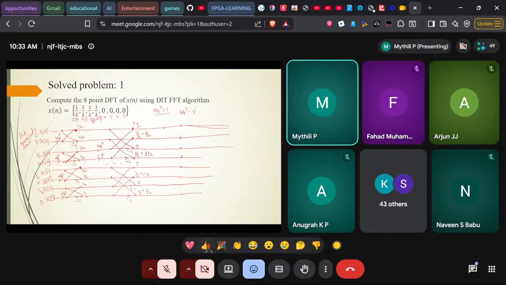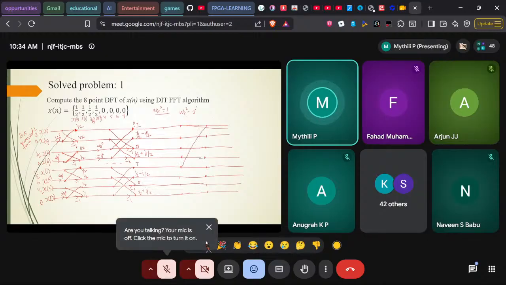Straight. Here also you can draw the nodes first because they will look legible. Then you can now combine the upper half and the lower half like this. You have to do it neatly, okay?